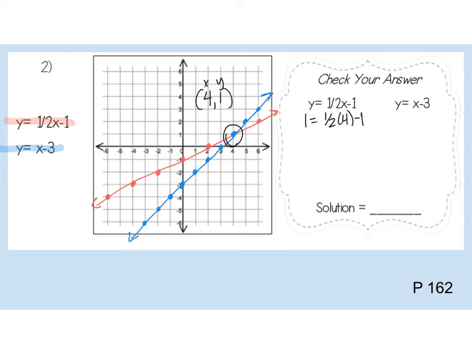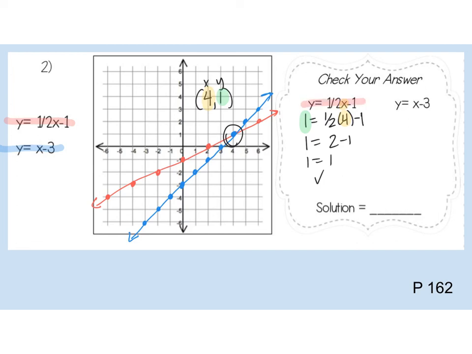And I've substituted, let me see if I can highlight this, 4 in for x, and I've substituted 1 in for y. When I simplify, half of 4 is 2, and sure enough, 2 minus 1 is 1, so at least it checks out in my first equation, which is my red equation.